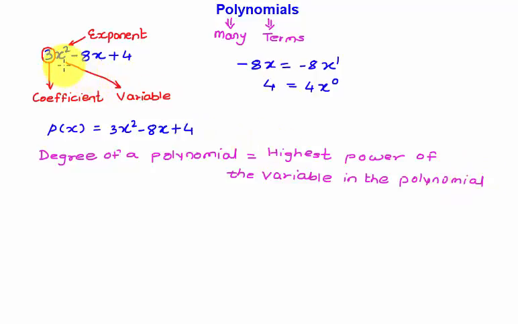Hence the polynomial 3x square minus 8x plus 4 has degree 2, the highest power of the variable. Based on the degree of the polynomial, polynomials are categorized into different types. Now let's see the types by taking some examples.